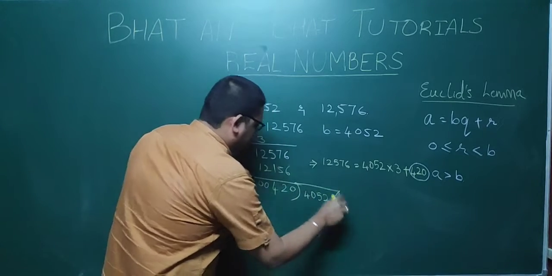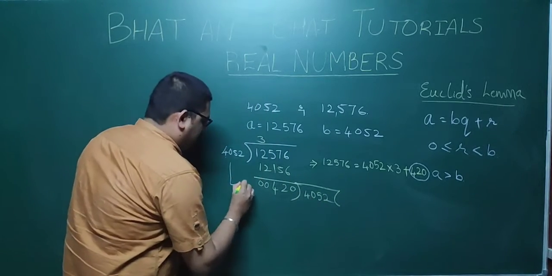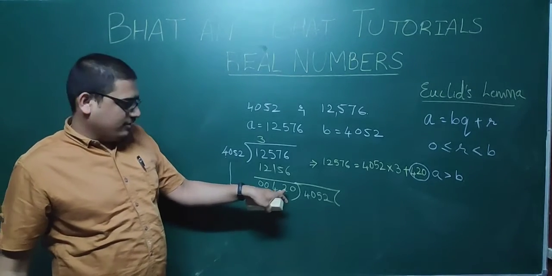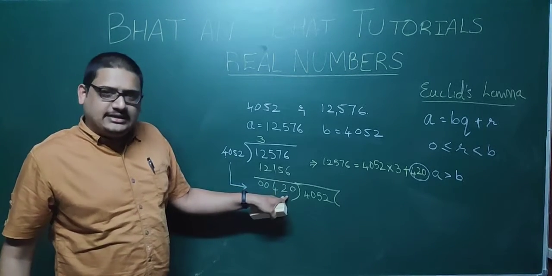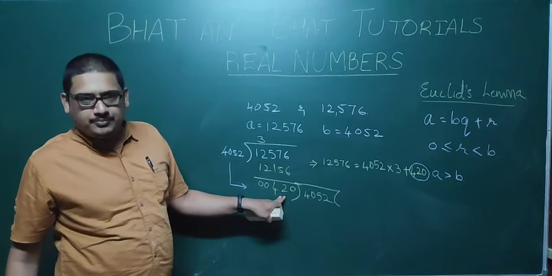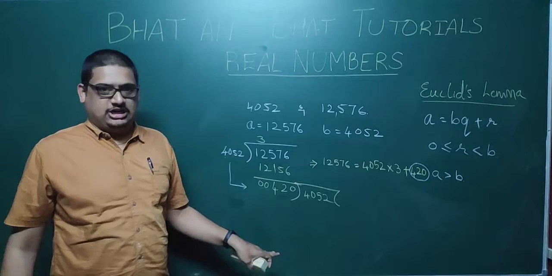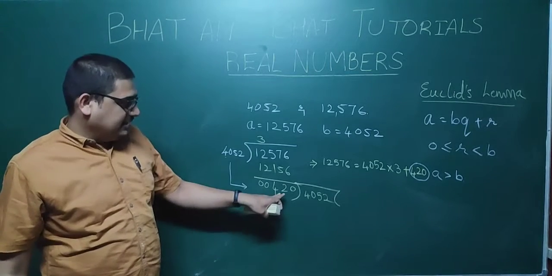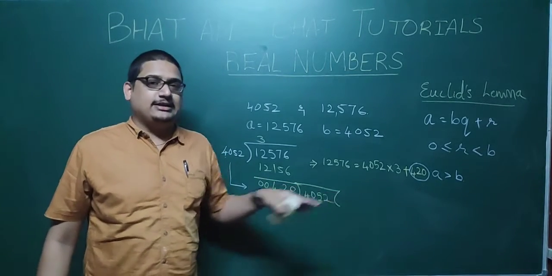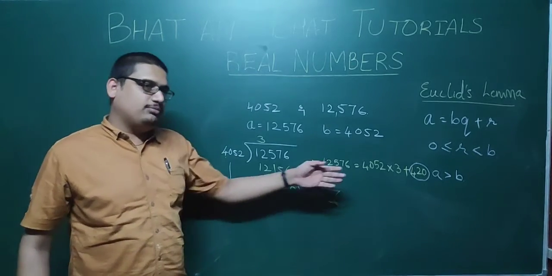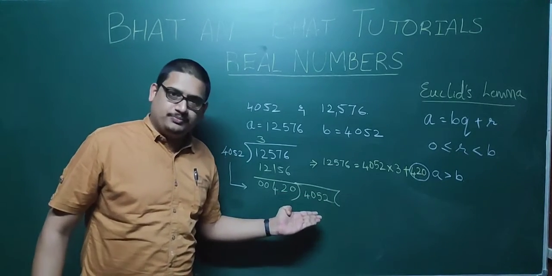4052. Now, can you guess what the next number will be? Again, let's make an educated guess. 420 we can consider roughly as 400. 400 times 10 will become 4000. Similarly, 420 times 10 will become 4200. Hence, 4200 will be bigger than 4052.